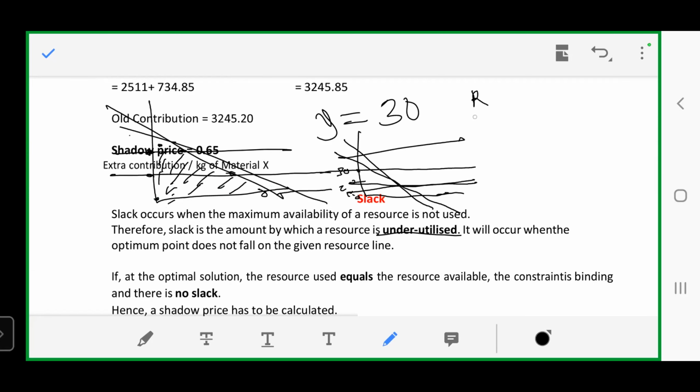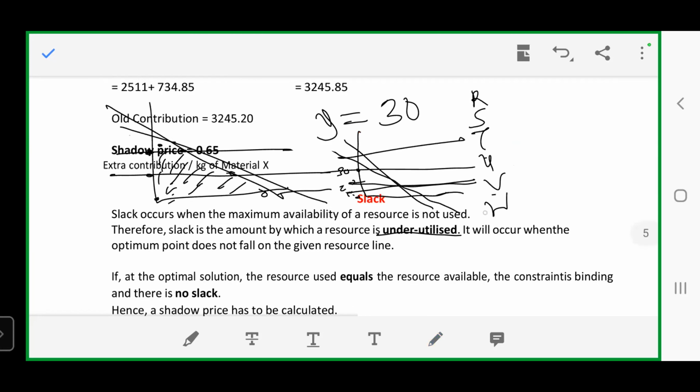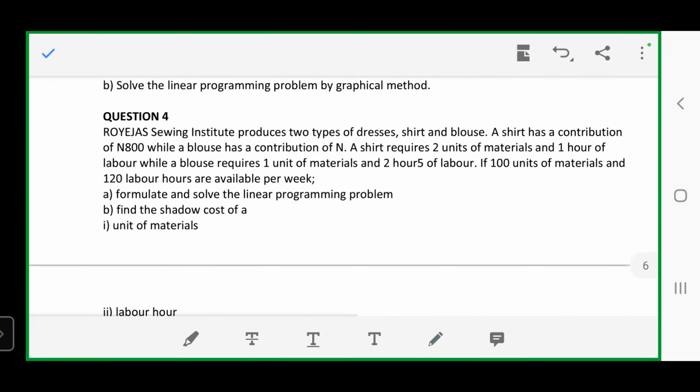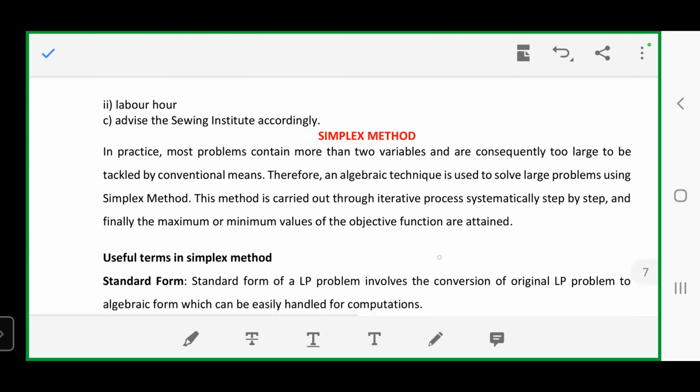Yesterday we used R, S, T, U, we used 4. Suppose we are having an iso-contribution line, we may have like 6 points, R, S, T, U, V, W. So we should just pay attention to that. But I'm not really expecting ICAN to give you that at this level. However, you need to be aware of it. That is that on that. What we didn't explain yesterday.